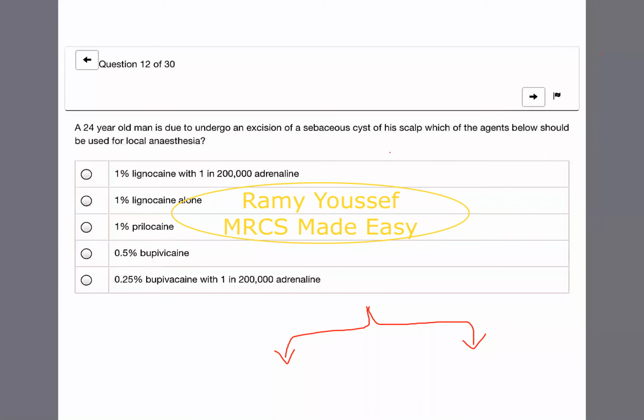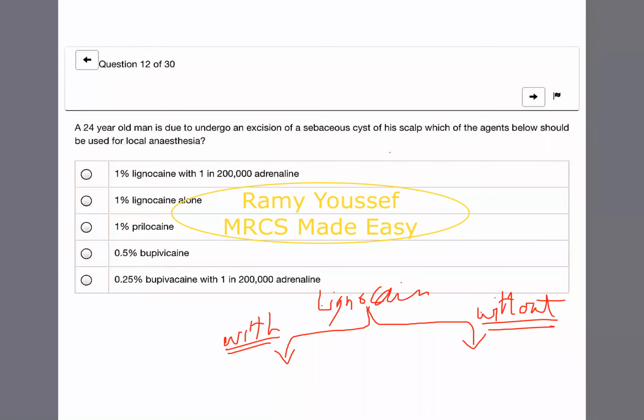Anyone can tell us why? I just remember two options: lignocaine, either in 100,000 or 200,000. This is to make the lignocaine work longer, and with vasoconstriction also.